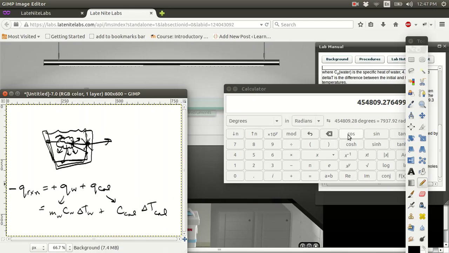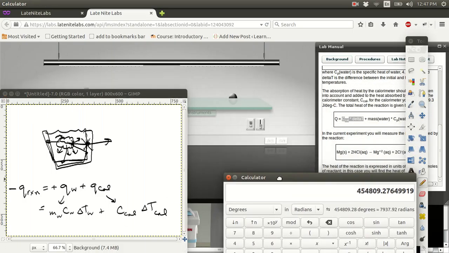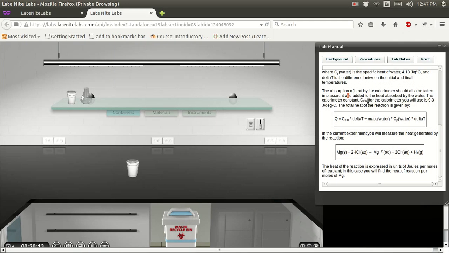Why? Because this is not the specific heat capacity of the calorimeter that's given to us. What's given to us is the total heat capacity, or the calorimeter constant. So that's the amount of energy it takes to raise the cup, the styrofoam material itself, up 1 degree Celsius.